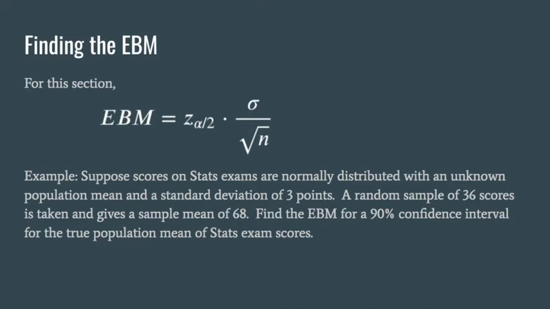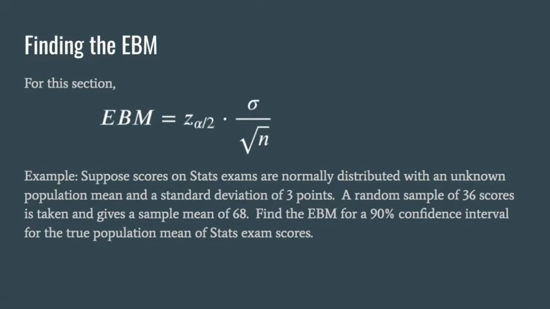So the top tail has 0.05 in it, which means that everything else, the left part of the graph, would be 0.95. Okay, so running through that again, 90% confidence level means 10% alpha. Half of that is 5% or 0.05. So that means we're separating the top 5% and the bottom 95%.